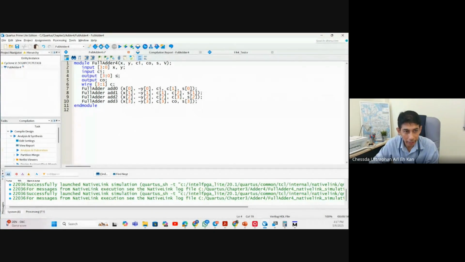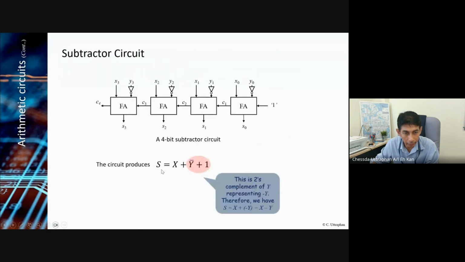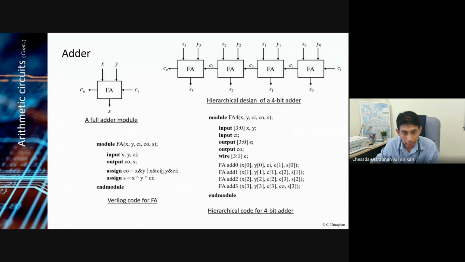And this V is an output, and this V is equal to, in this case, CO XOR C, in our case, where is the circuit?